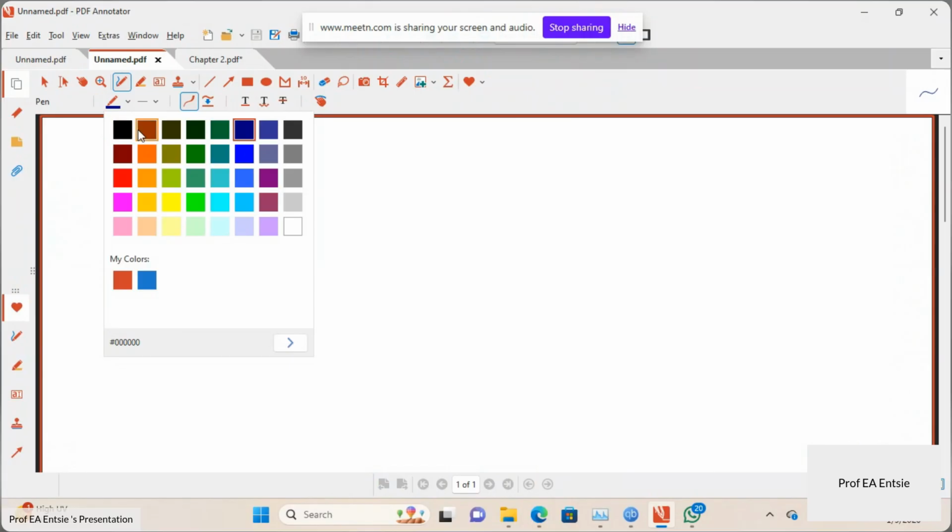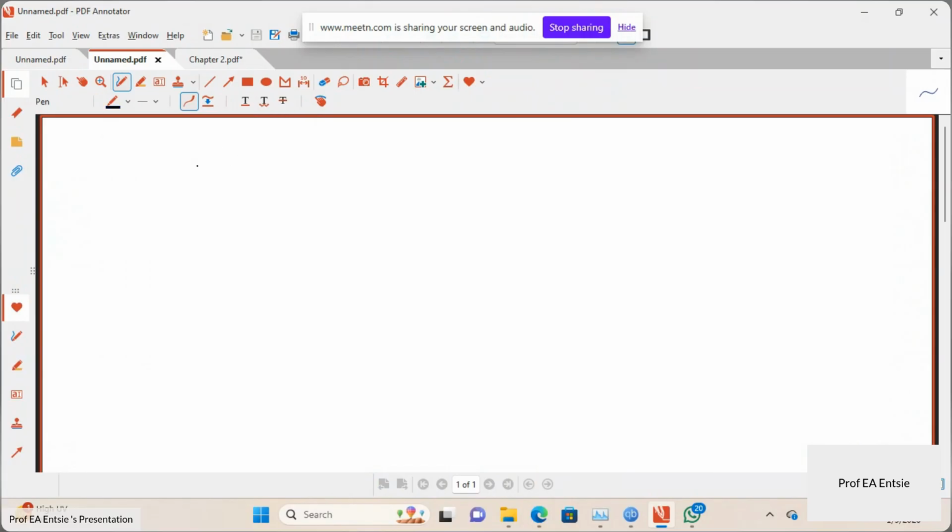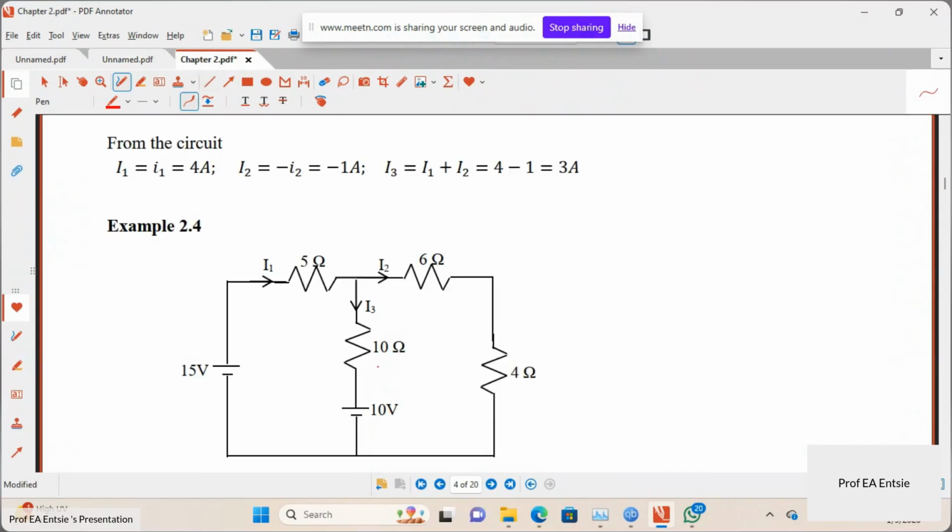Let's do it together. So I'll use black. So I have 5 ohms, 10 ohms, 15 volts.